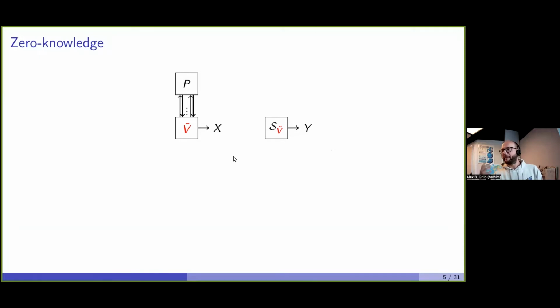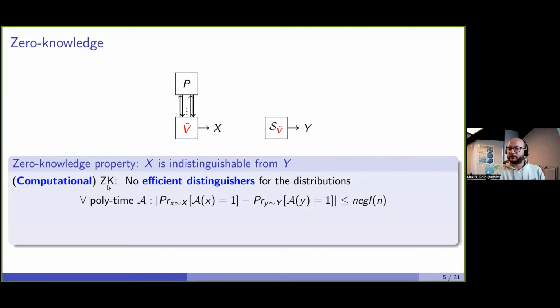And this indistinguishability can come in different flavors. So for example, we can talk about computational zero knowledge, where we're just saying that for any polynomial time algorithm A that receives either a sample from the interactions with the prover, so a sample from the output of the malicious verifier, or a sample from the output of the simulator, this polynomial time algorithm cannot distinguish which sample it received.